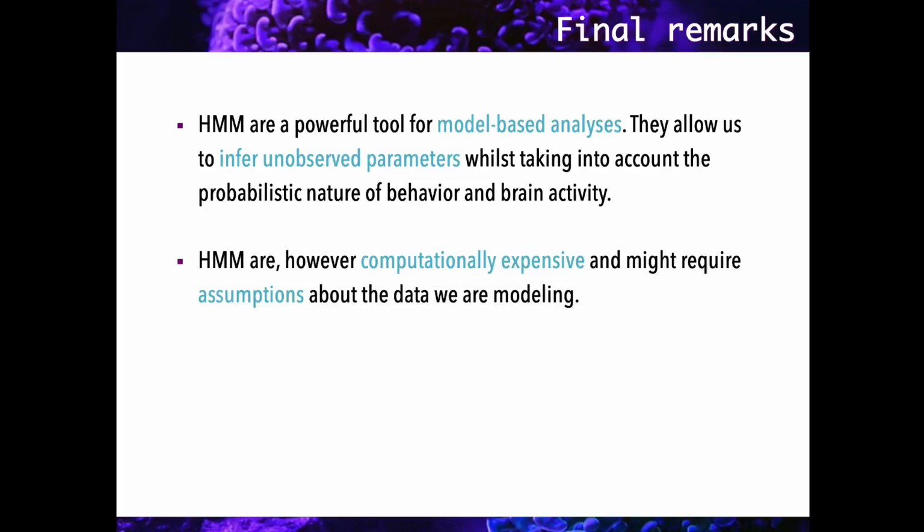They are, however, computationally expensive, so we need to keep this in mind before we apply these models. And they might require some assumptions about the data we are modeling, because we need to set the initial transition probability matrix, and also know how many states to expect and try to find.